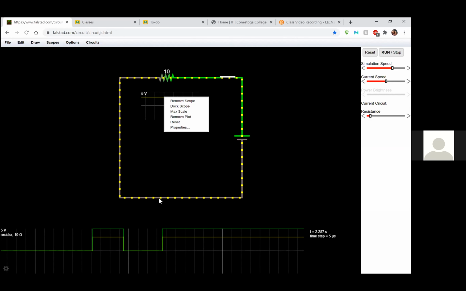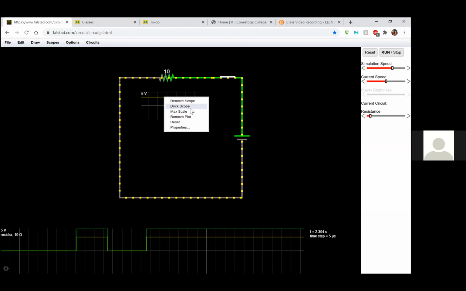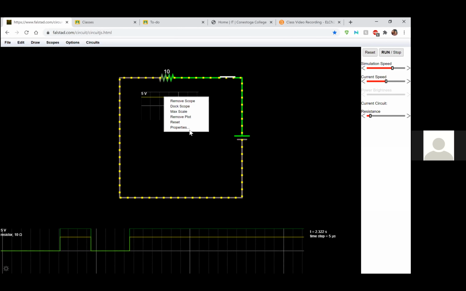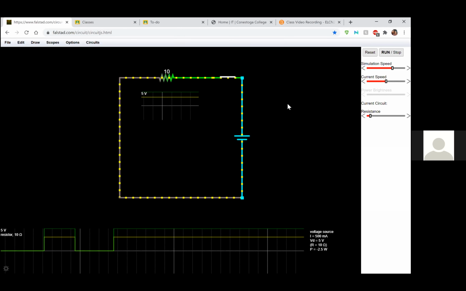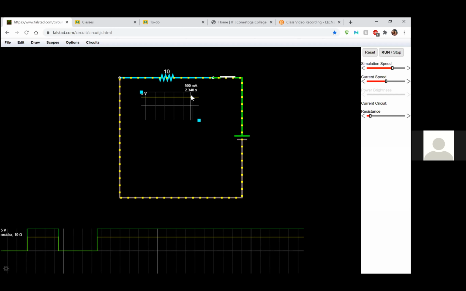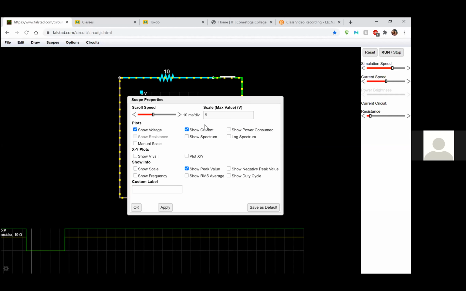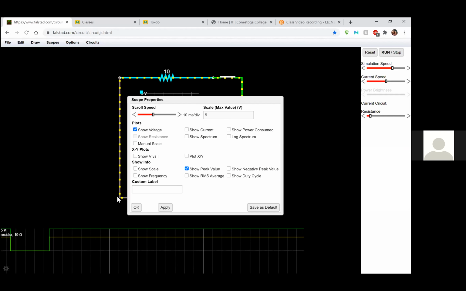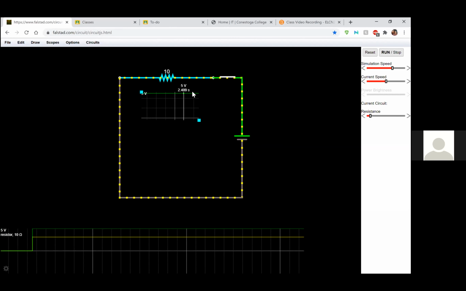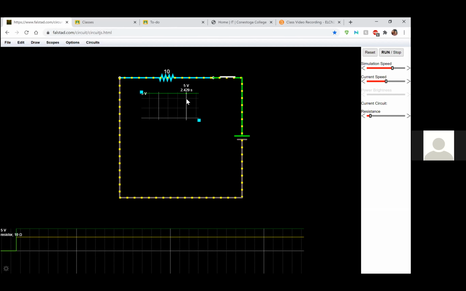In this instance, I'm going to remove the current from the oscilloscope, because usually I don't like to deal with current, especially if we are talking about voltage. So now you can see that I was able to delete my current.